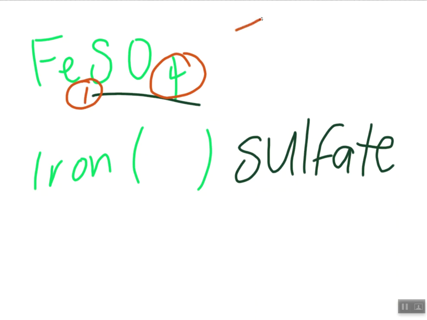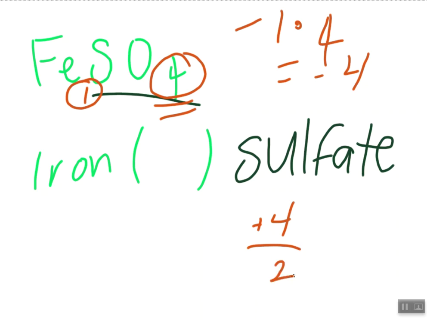Then you multiply it by the other charge. So you do negative 1 times 4, and you get negative 4. Then you make that positive, so you get positive 4, and you divide it by 2, and you'll get positive 2. So that will be your metal charge there.